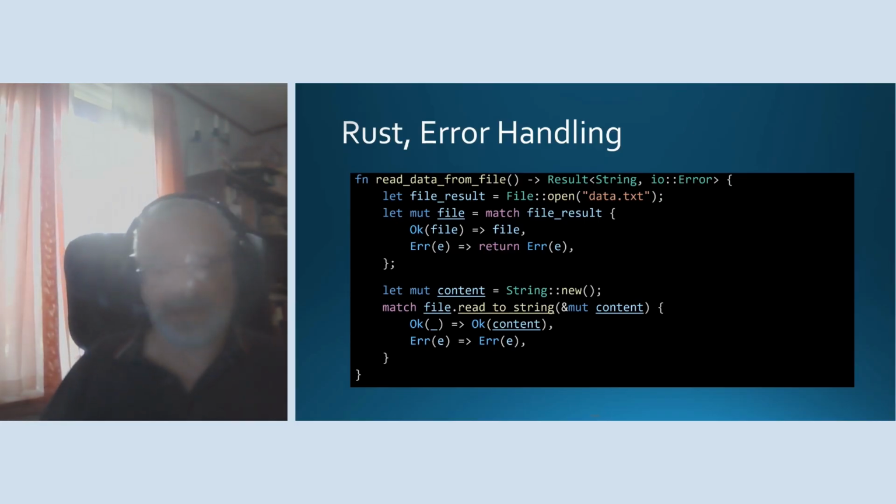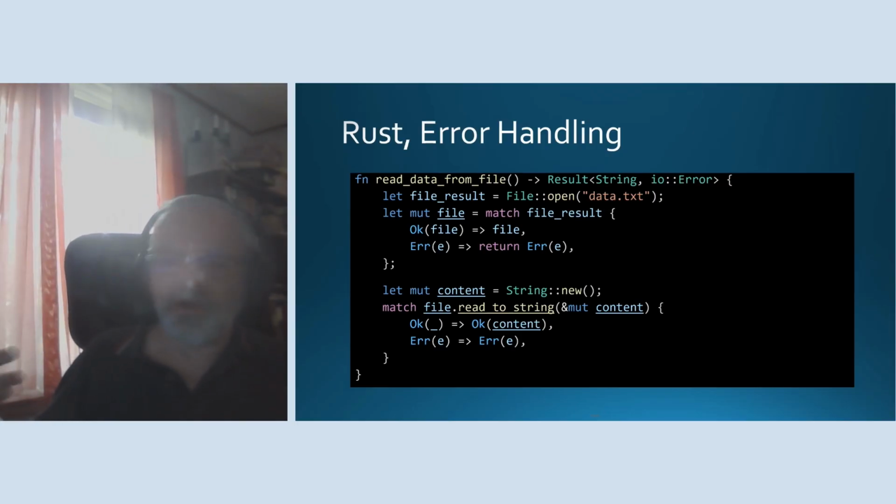If it was okay, well, then we have content. If something went wrong when we tried to read a file, we return an error. And there's underscores on some of the text here. My editor was kind enough to underscore everything that's mutable. So you can see that mutable variables here are underscored.